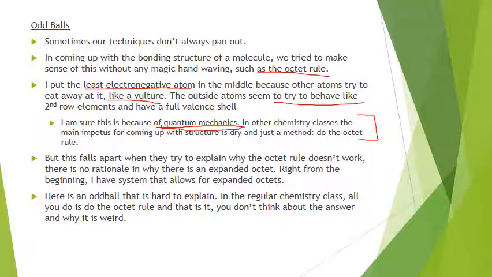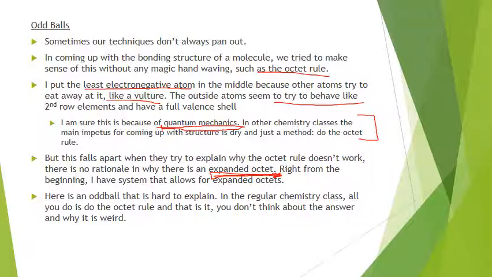But this falls apart when they try to explain why the octet rule doesn't work. Most of the time in a normal chemistry class, they'll talk about the octet rule, then they'll talk about expanded octets, and really don't know how to explain it. We don't even try to say we need to have an octet.